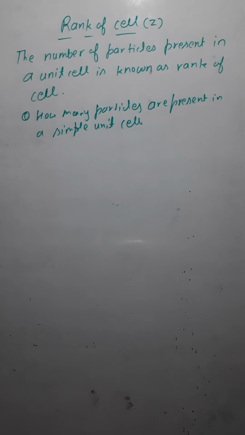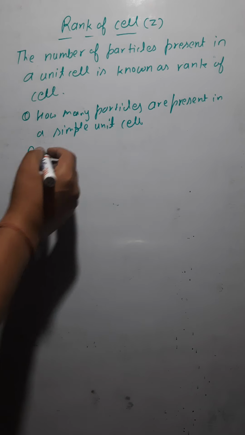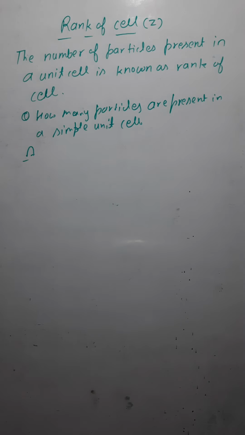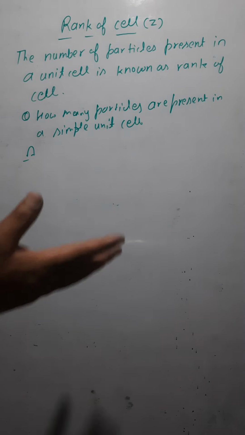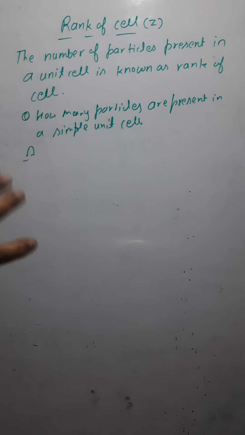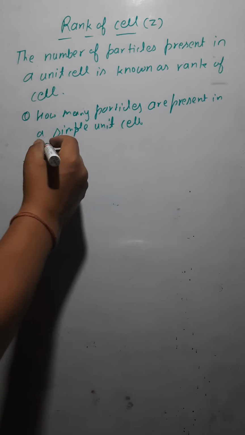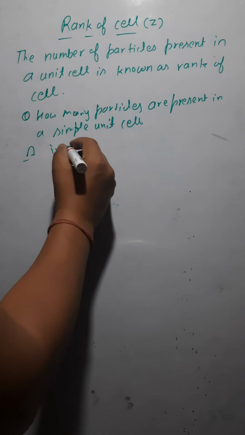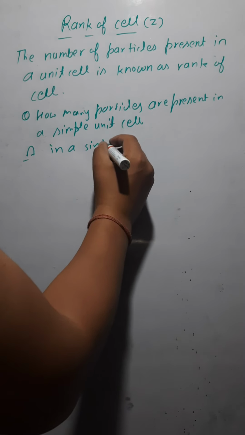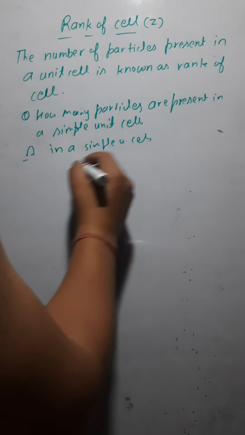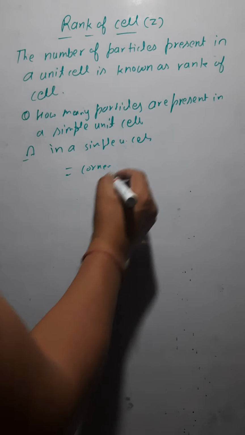If you are to find the number of particles in a simple unit cell, how would you find it? As you know, in a simple unit cell the particles are present at the corners.